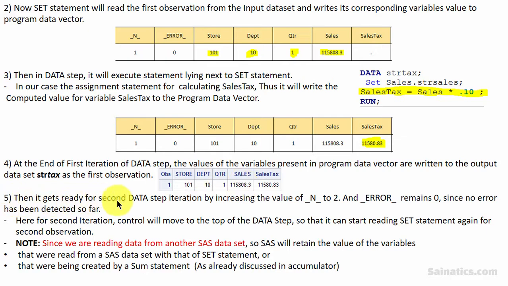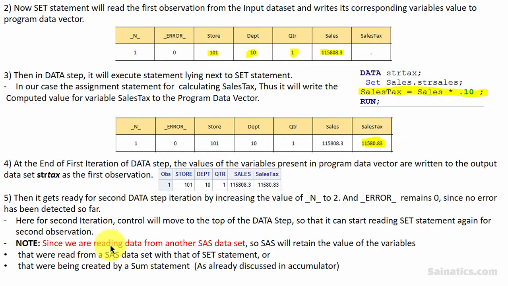Then it gets ready for the second data step iteration by increasing the value of _n_ to 2 and _error_ remains 0 since no error has been detected so far. Here for the second iteration, control will move to the top of the data step so that it can start reading the set statement again for the second observation.